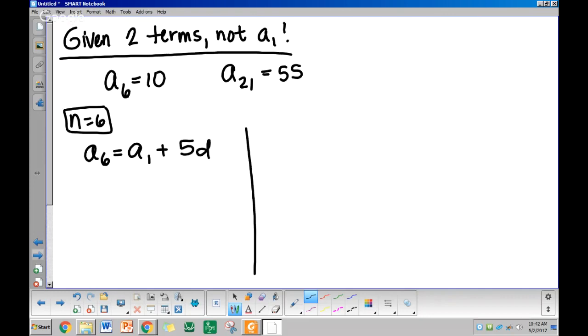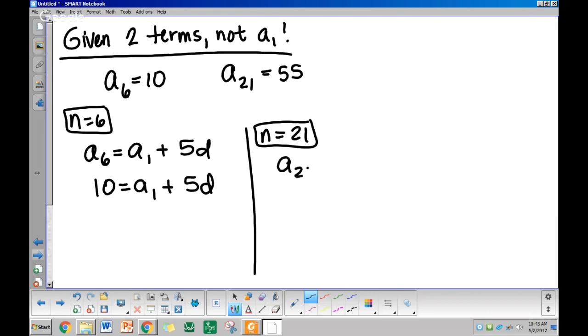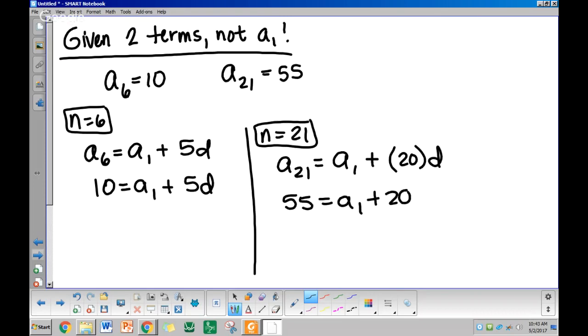Well, I know that a sub 6 is 10, so 10 equals a sub 1 plus 5d. And then I know that n equals 21. Those are my two n's I've been told. So then I can say a sub 21 equals a sub 1 plus 20d. But a sub 21 is 55, so 55 equals a sub 1 plus 20d. Now I have two equations and two unknowns.